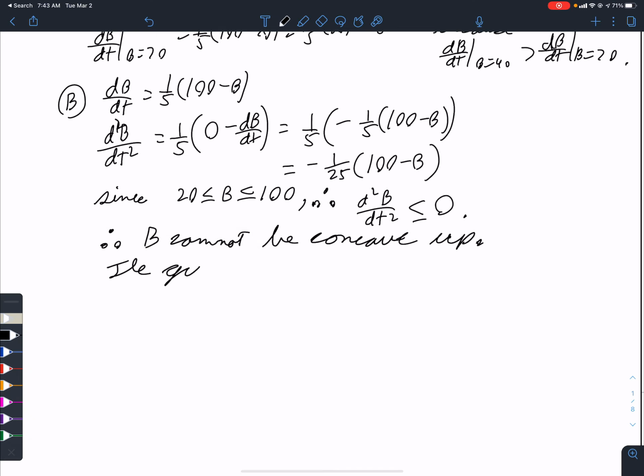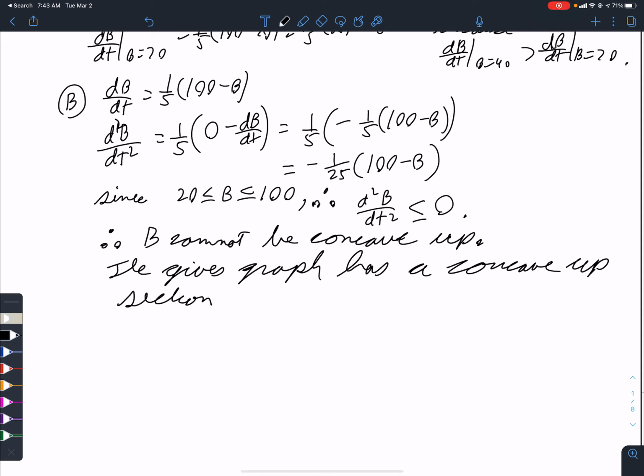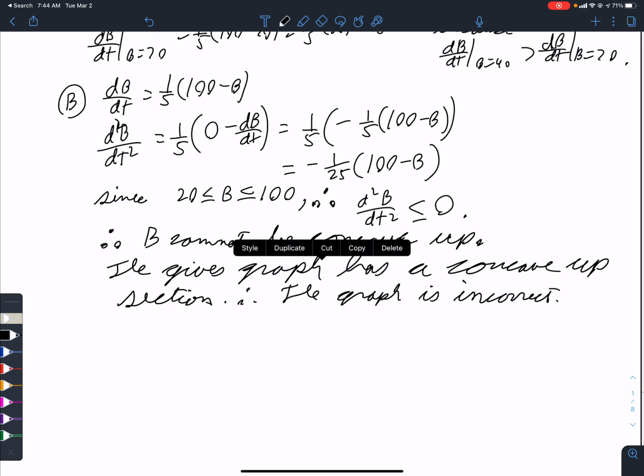The given graph has a concave up section or portion, however you want to say that. Therefore, the graph is incorrect. Or you could say doesn't match or can't be the correct graph. However you want to state that, you have full freedom on that, okay?